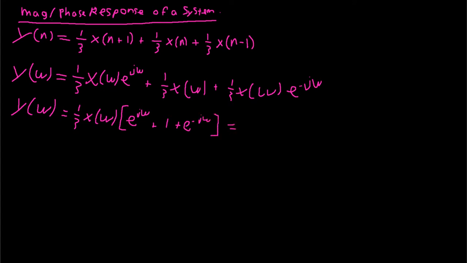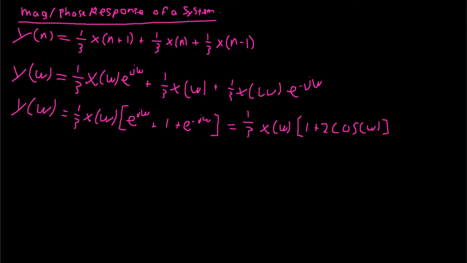Now if you look at a table of basic Fourier transform properties, this can actually be transformed into something else. There's a property that we can change that into 1 plus 2 cosine w.